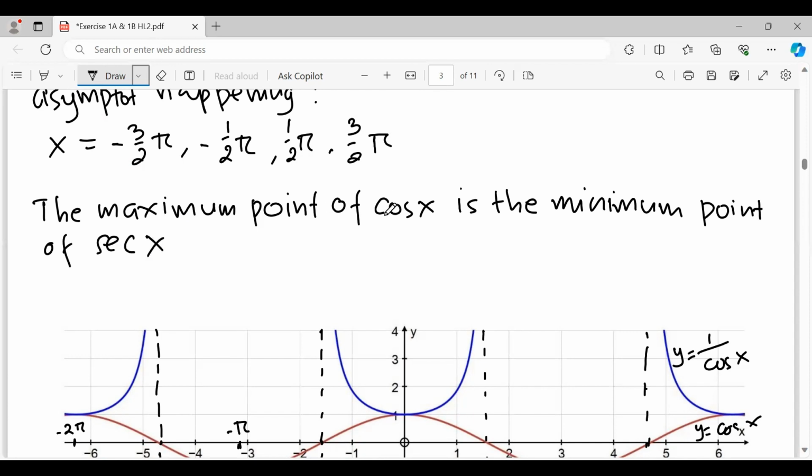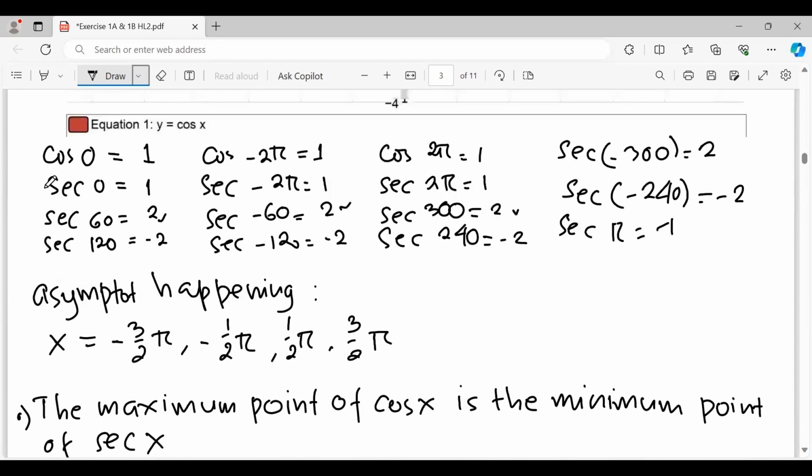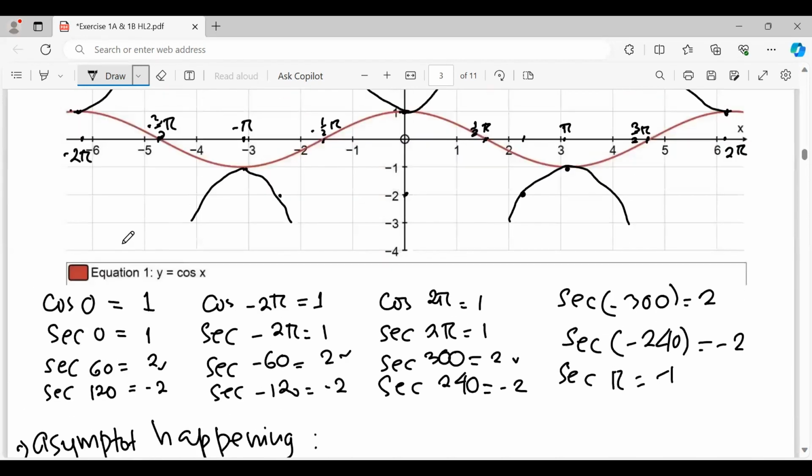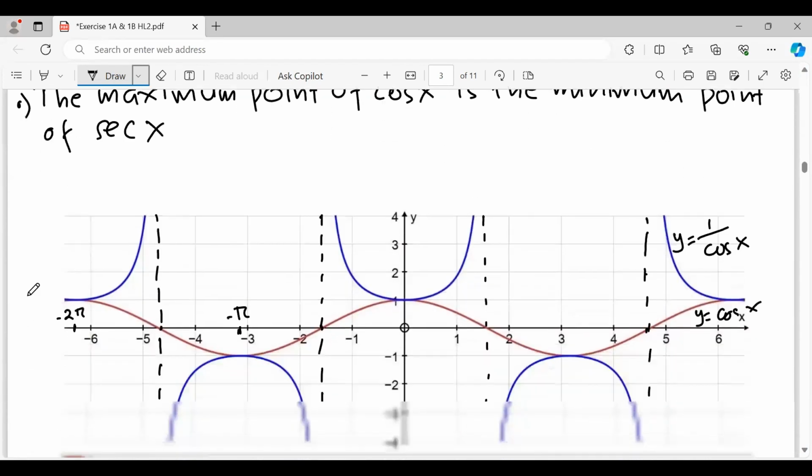Yeah. This is the pointer, so I have to give a point. Okay. Right. So this is the graph.